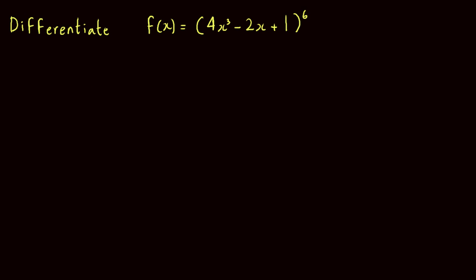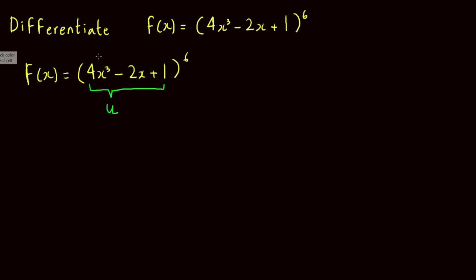So assuming that you already paused and tried to attempt this problem, now let's do this together. First we have the function f(x) equals (4x cubed minus 2x plus 1) to the power of 6. What I'm going to do is take this part, 4x cubed minus 2x plus 1, and substitute it with a letter u.